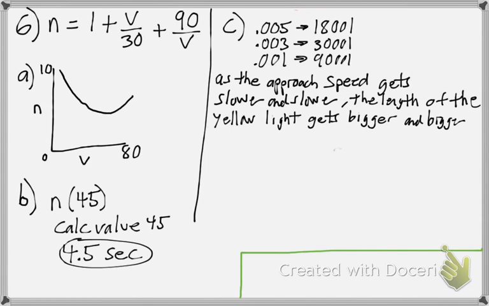This is because you would need more time to cross the intersection. So if your car is going extremely, extremely slow, you need more time to actually get your car across the intersection.